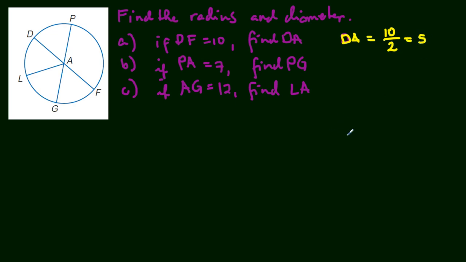If it's centimeter, then it is centimeter. If PA is equal to 7, so PG is double. We have 14, 7 times 2.